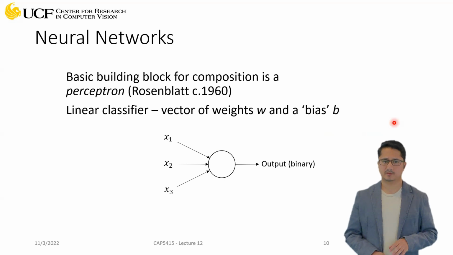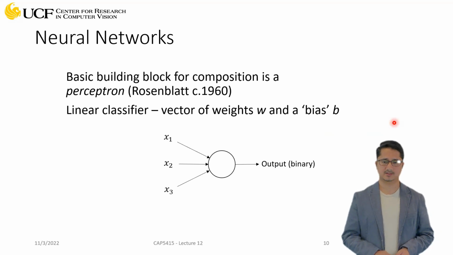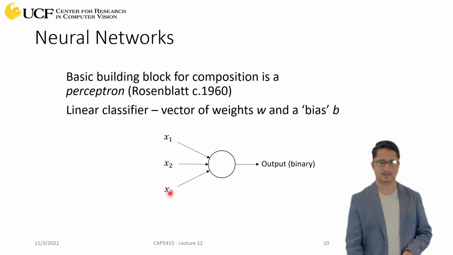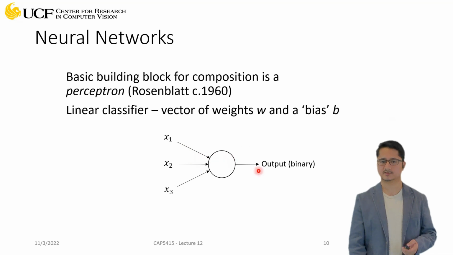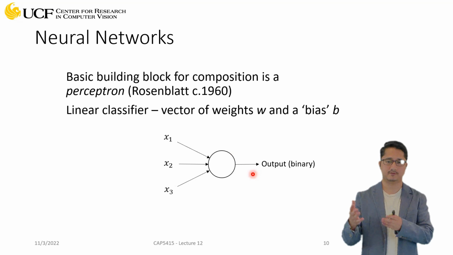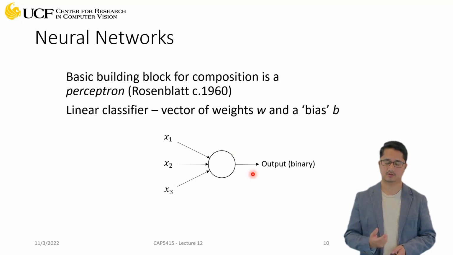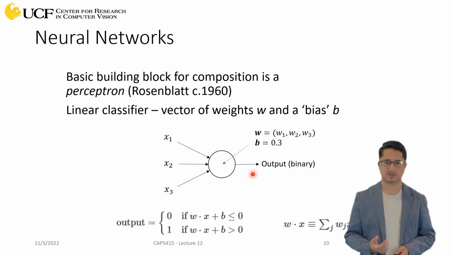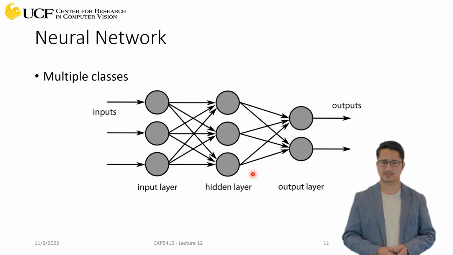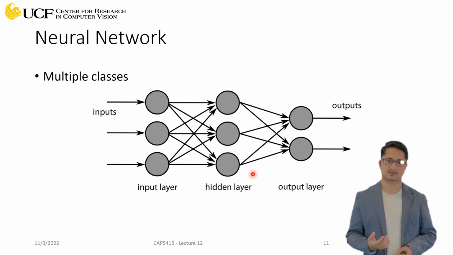All right, so the basic building block is these neurons. We know that it's just a linear combination of your input, and these are the weights which are actually being learned. Each neuron predicts something, which is passed to the other neurons, and at the end you have the final neuron, which will make predictions for you. Okay, so all of this is a revision, and as we discussed in the last lecture, if you have multiple classes, it was not that trivial for support vector machines.